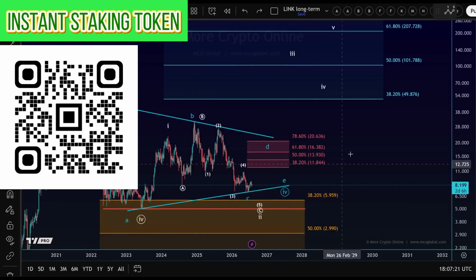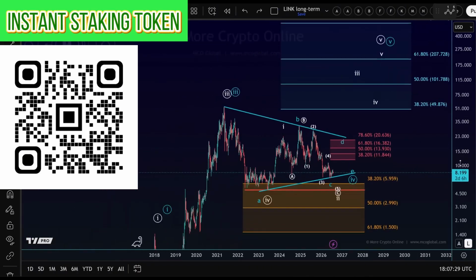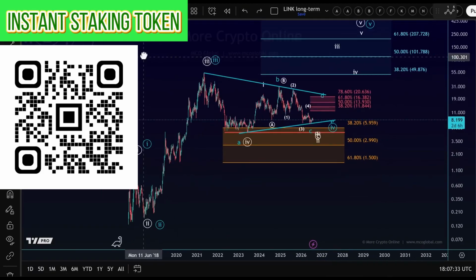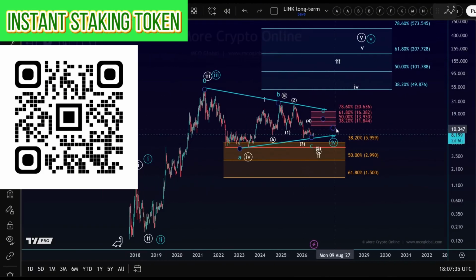Now, this is one way of calculating upside targets, and probably the one that at this stage makes most sense. But again, it's subject to change based on the microstructures that will then develop in the move to the upside. Another way is we could simply measure the length of the wave 1 in the beginning.